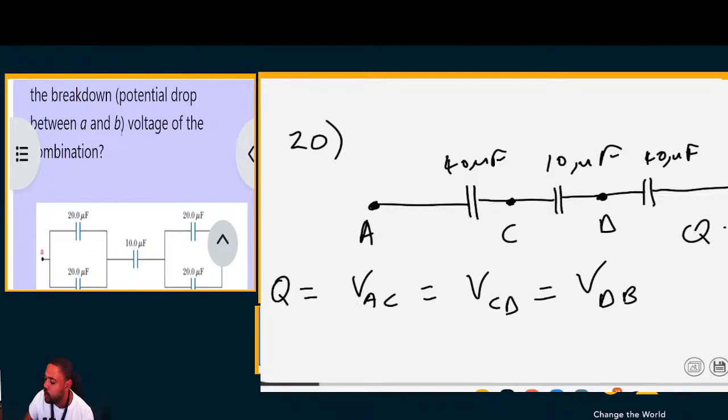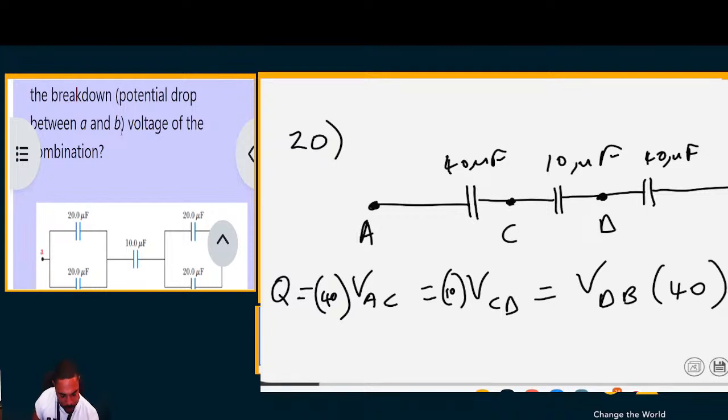Charge is voltage times the capacitance. So the capacitance for the 40 microfarad, then we have the 10 microfarad times that VCD, and then of course we have the other 40.